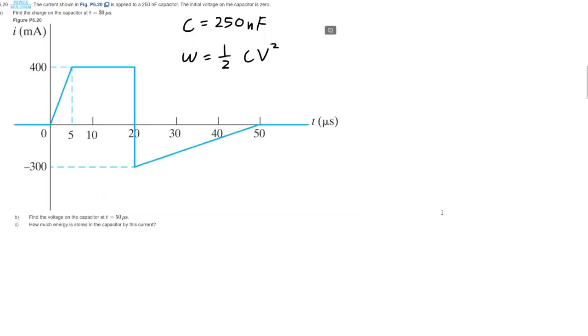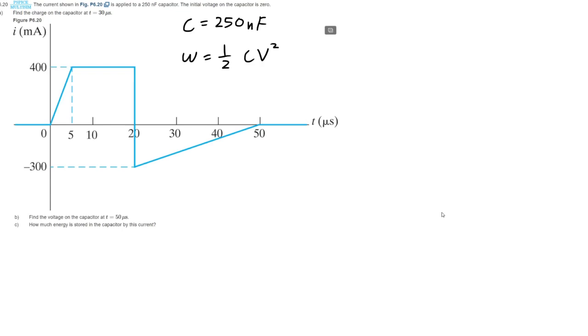For 6.20, we've got a 250 nanofarad capacitor, and the capacitor is initially discharged. We're going to find out what the charge on the plates of the capacitor is at time t equals 30 microseconds.